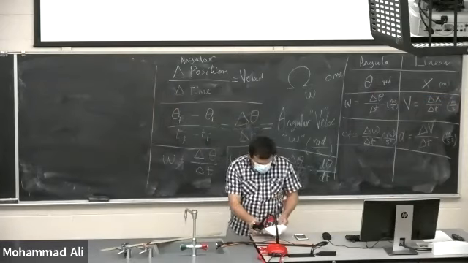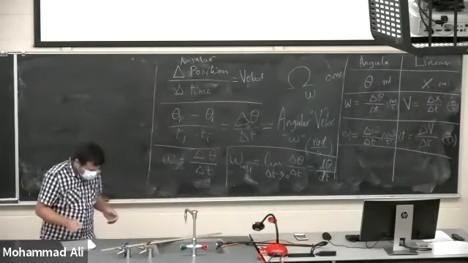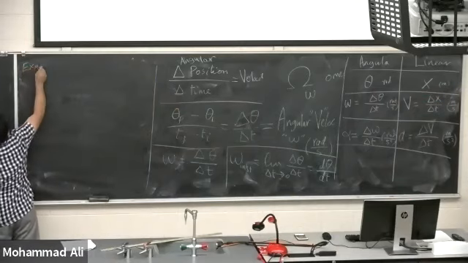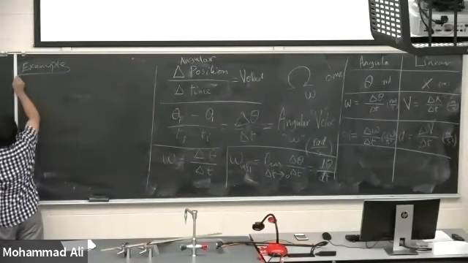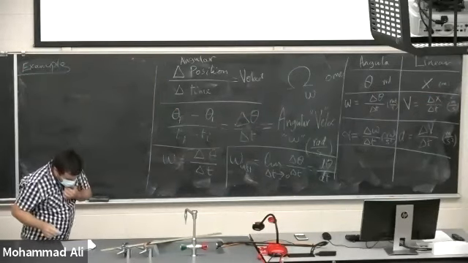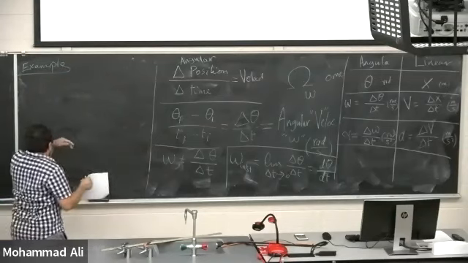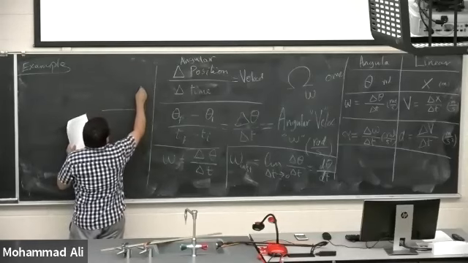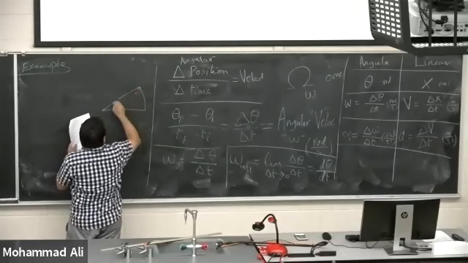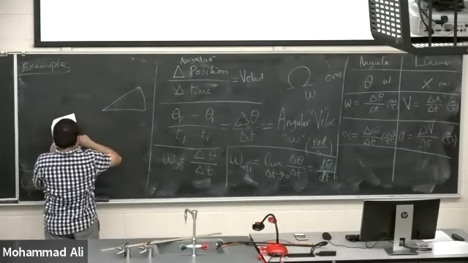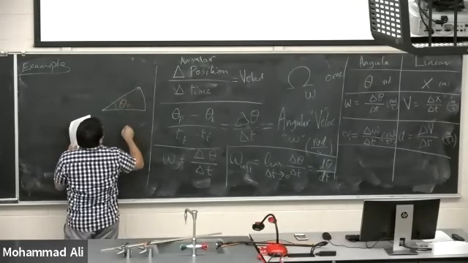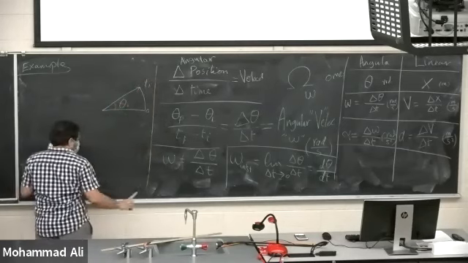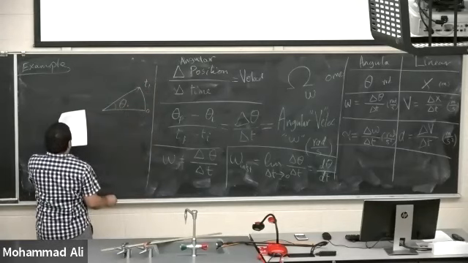I think I have an example now. This is theta 1 at T1. This is 0. And I have another theta.